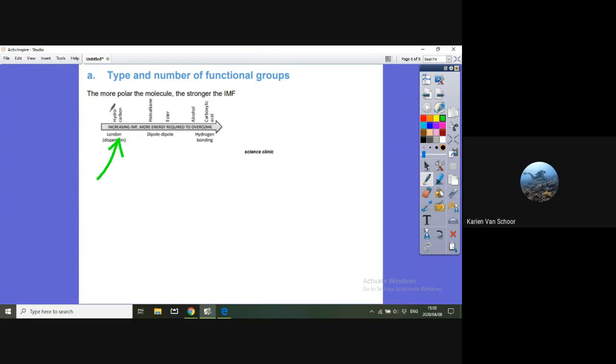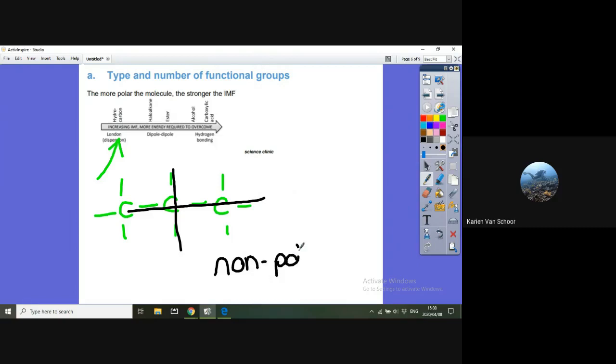If you look at the normal hydrocarbons, they're basically symmetrical. Not perfectly symmetrical always, but for the most part they form symmetrical molecules, which means that they are non-polar. As soon as they are non-polar molecules, you must know that they will always have London forces between their molecules. So these ones are weak and they are normally gases.